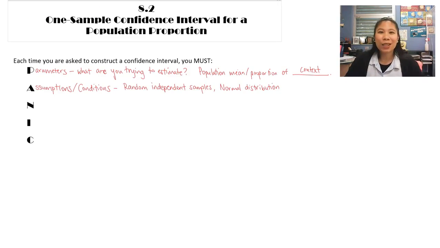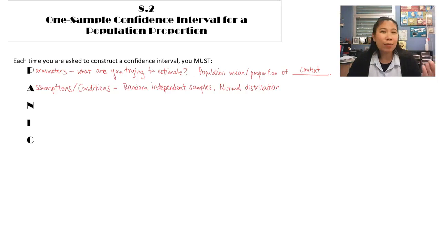The second thing we have to check for is our assumptions and conditions. Our assumptions and conditions is basically the 10% rule that we've been checking for and the large counts or the central limit theorem that we've been checking for. Each time that we construct a confidence interval, we have to make sure our data come from random, independent samples. So we want to make sure we have a simple random sample, an SRS.